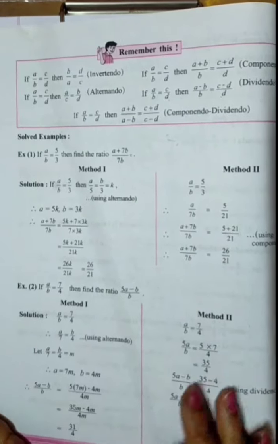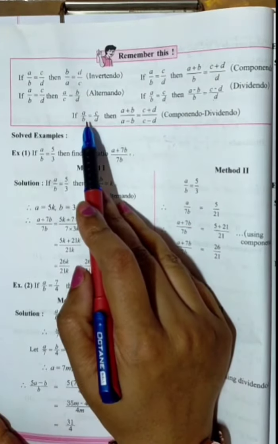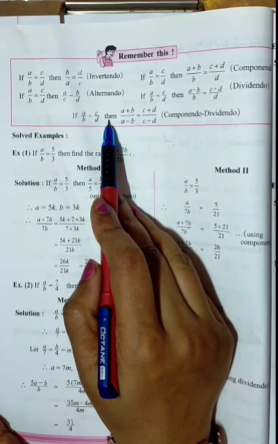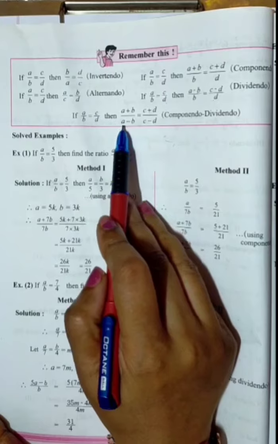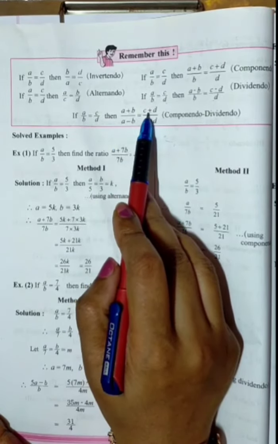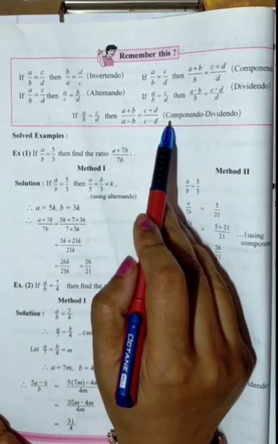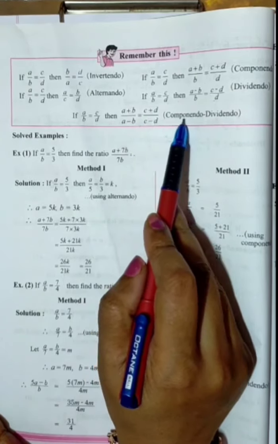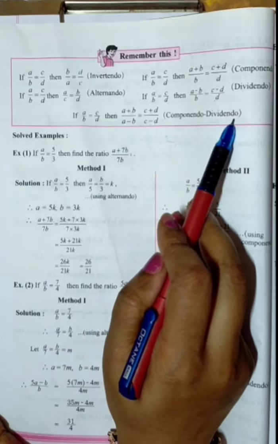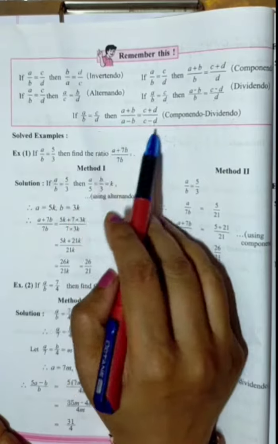See, in the textbook page number 66, it is given, if A upon B is equal to C upon D, then A plus B upon A minus B is equal to C plus D upon C minus D. This is componendo and dividendo. I hope you understood the equation.